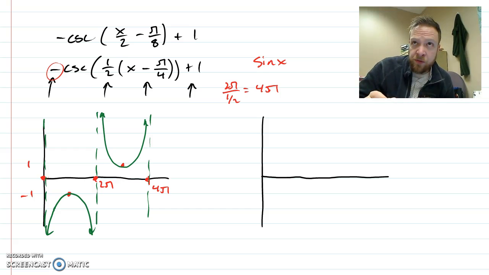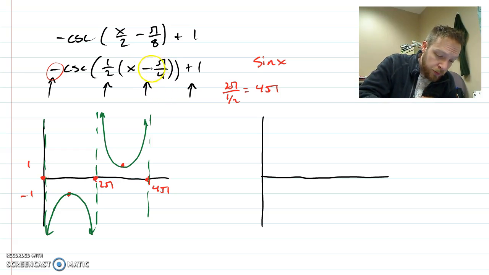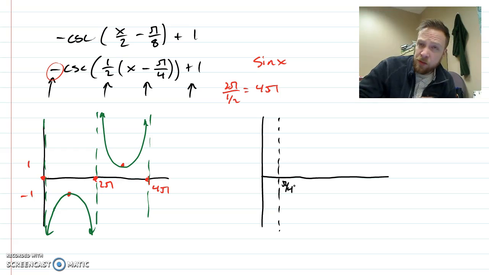What I do first is shift the vertical asymptotes, and then I shift the key points with that. So if I have to move over to the right pi over 4, my first asymptote is going to be over at pi over 4. And by the way, on a test or quiz when you're sketching this, you would want to include the pi over 4 note so people know that you're talking about that particular spot.